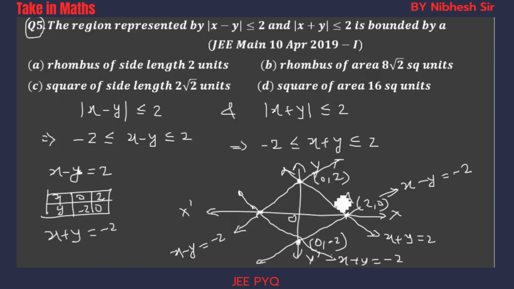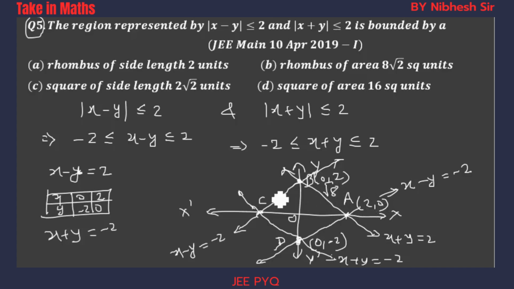So let this be point A, this is point B, this is point C, this is point D. Now we have to check whether this is a square, rhombus, or whatsoever. If you find the distance of all these sides, what do we get? Root of 4 plus 4, so this is root 8.